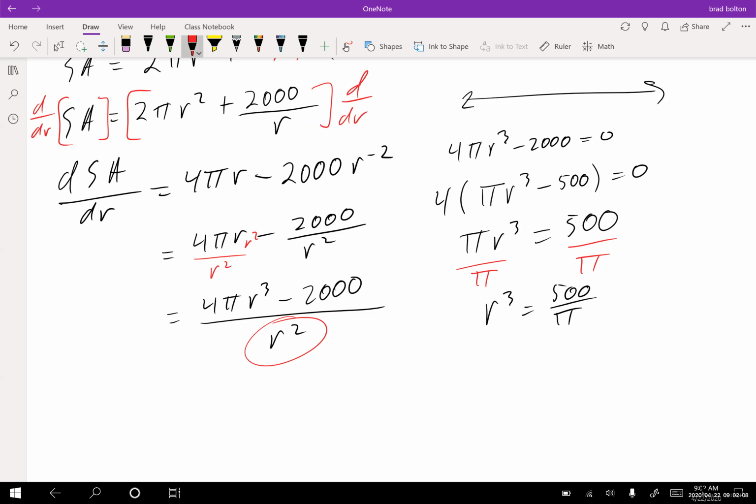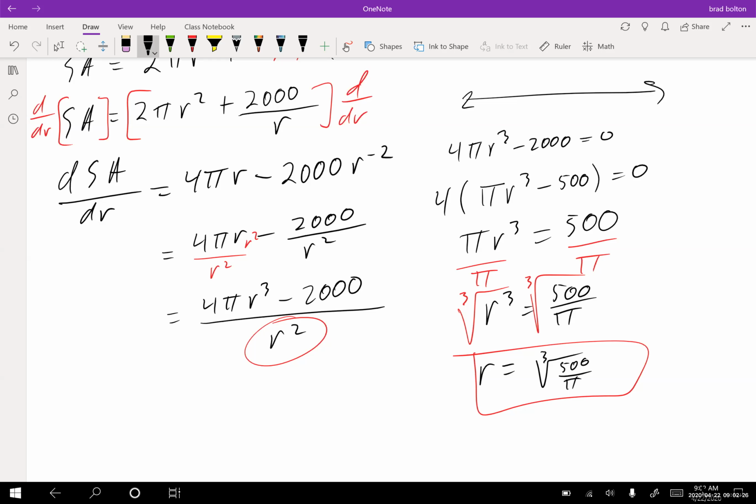Okay, so then you cube root both sides. This isn't pretty, but we have r is equal to the cube root of 500 over pi. Okay, so this is our critical number we're going to use, the cube root of 500 over pi.